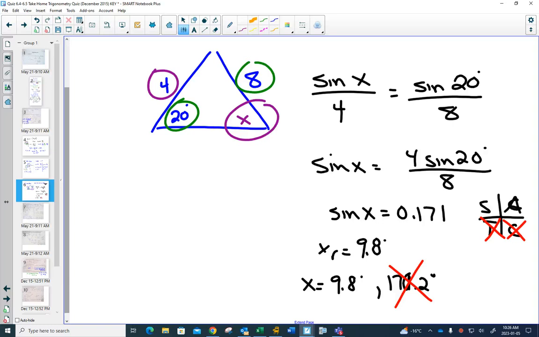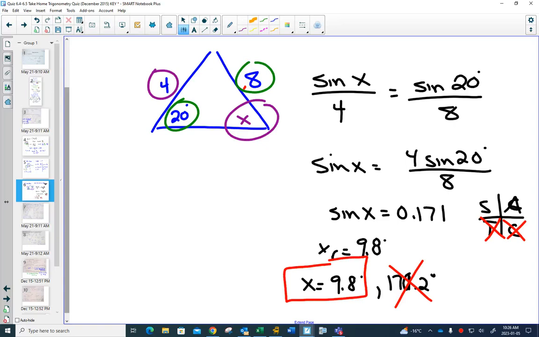You might have also seen that right away, because when you get two answers, do you remember we called that the ambiguous case? And the ambiguous case happens when the angle opposite the angle that you know is less than the adjacent angle. And this time I made it so that the angle was bigger. So we only have the one answer, and x is equal to 9.8.